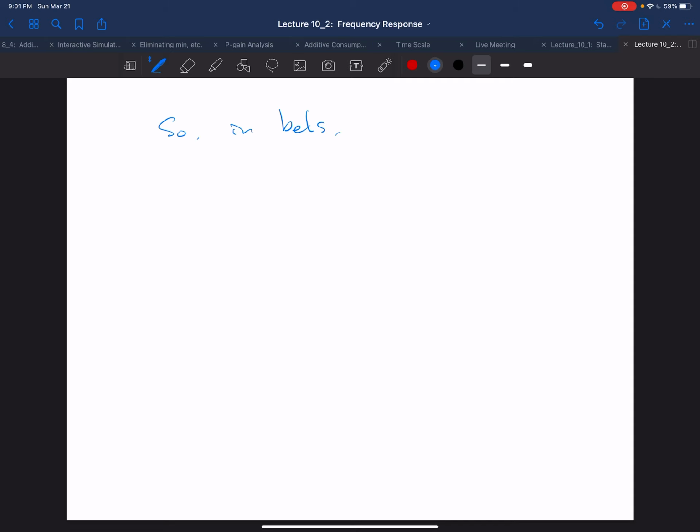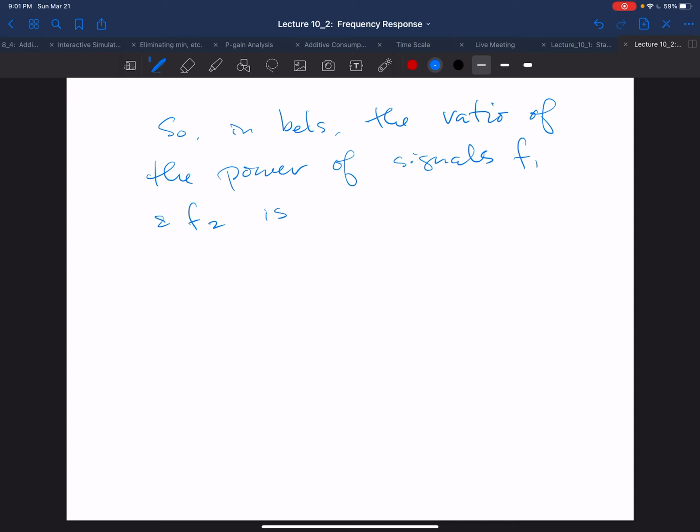So in bels, the ratio of the power of two signals F1 and F2 is, by definition, the log to the base 10 of F1 squared over F2 squared.